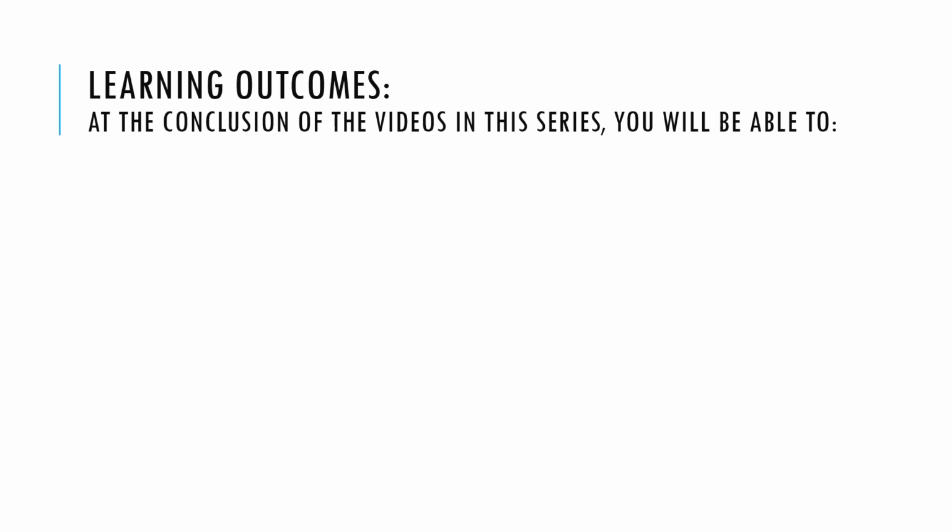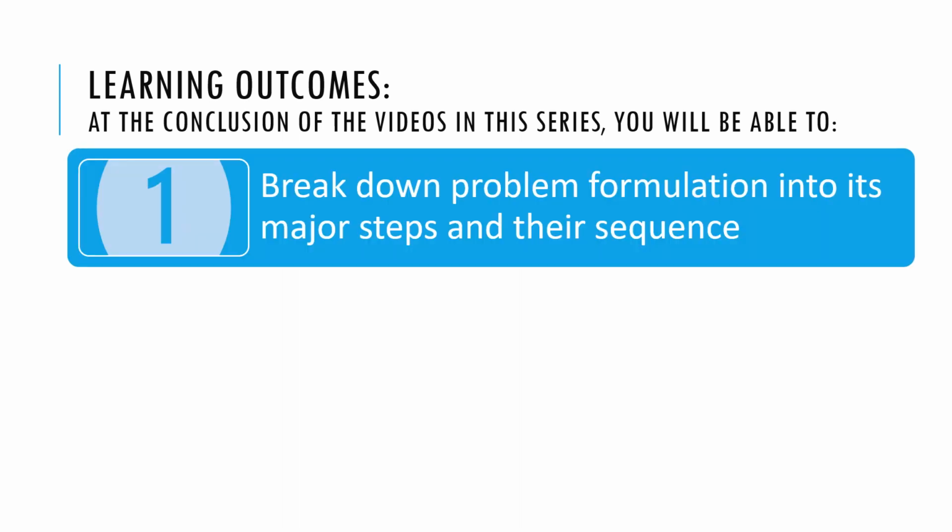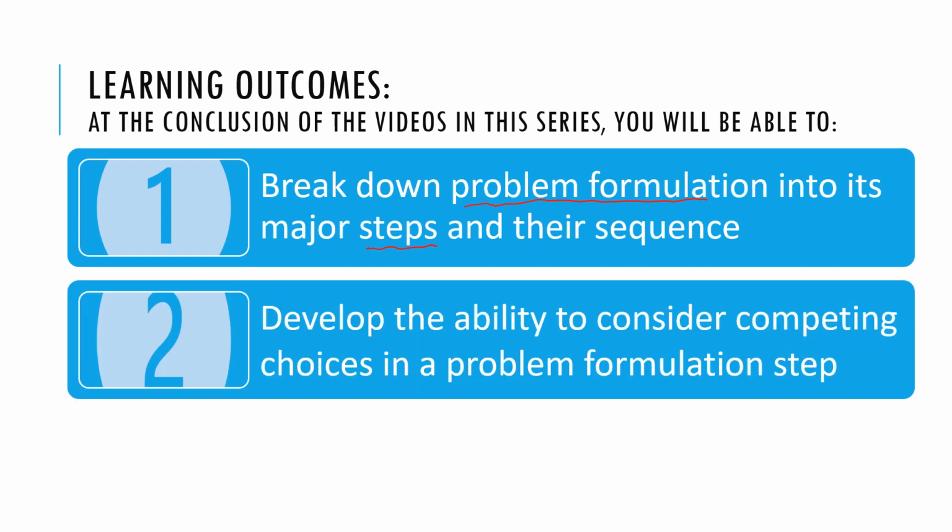So here are the learning outcomes as to what we will be able to do when we are done with this series of videos. First, we should be able to break down the problem formulation into the major steps. Next is we develop the ability to consider competing choices in problem formulation steps.